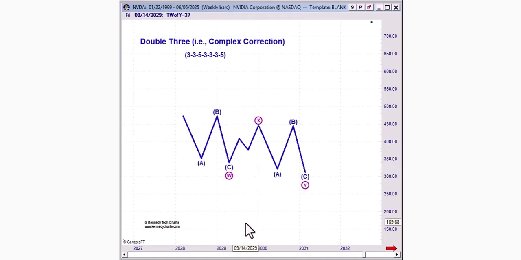So a double zigzag is simply an extended correction where you have two zigzags joined together by an X wave. A double 3 is an extended correction where you have two flat corrections joined together by an X wave. A combination is an extended correction where you have either zigzag, X wave, flat, or flat, X wave, zigzag.